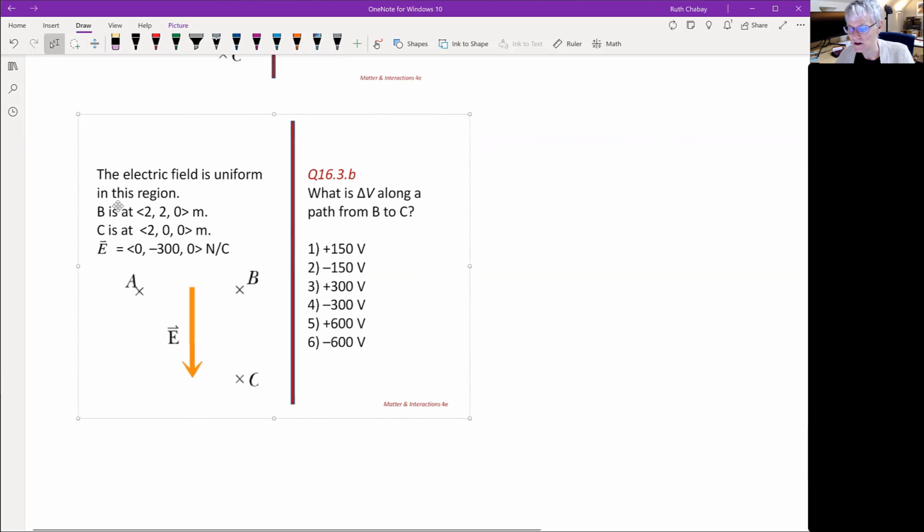Location C is at 200 meters. So we're talking about a path from B to C. So this is going to be our delta L, right? It really is helpful to draw diagrams. So the question is, what's the difference in electric potential along this path between B and C?